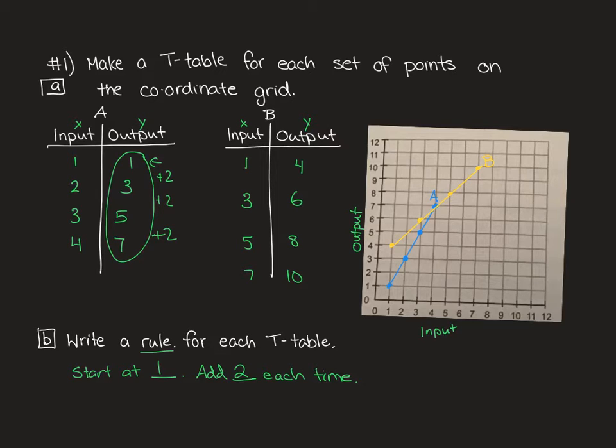Now our second one is a little bit trickier because you might think that your rule would be start at 4 and add 2 each time. But the thing is, our input is not going up by 1, it's going up by 2. So this is actually wrong.